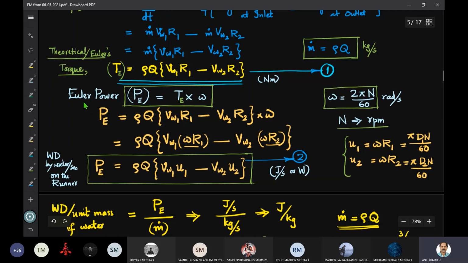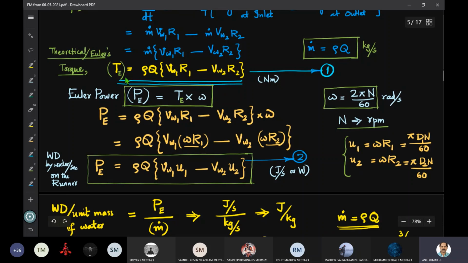But in the case of torque imparted to the fluid, in the context of power consuming devices such as pumps, blowers, fans, compressors, etc., this equation will be rho Q into (Vw2 R2 minus Vw1 R1). That means we proceed from outlet to inlet, so it is the negative of that.